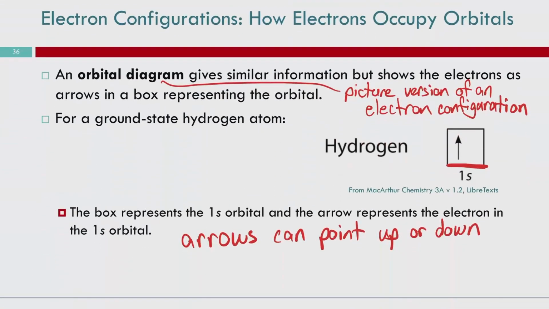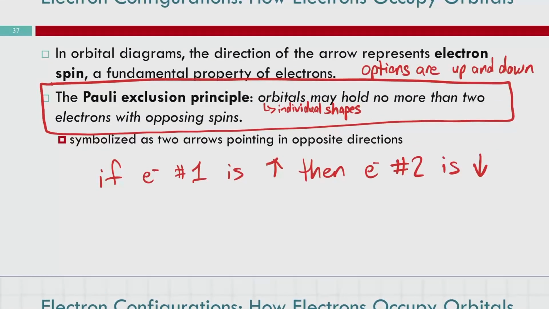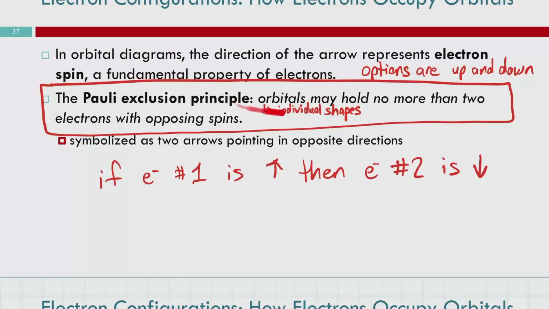We also learned about orbital diagrams, the picture version of our electron configurations, where we draw a box and then we put our arrows for electrons up or down. We also learned that orbitals can hold no more than 2, so maxing out at 2 electrons, and they have to have opposite spin. So if we have one up, the other one has to be down.